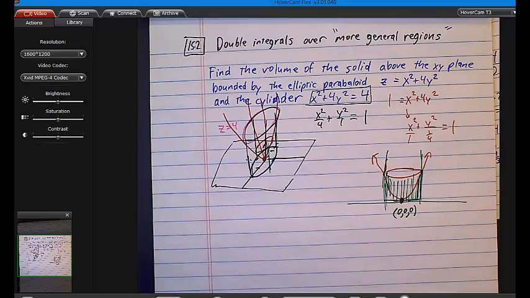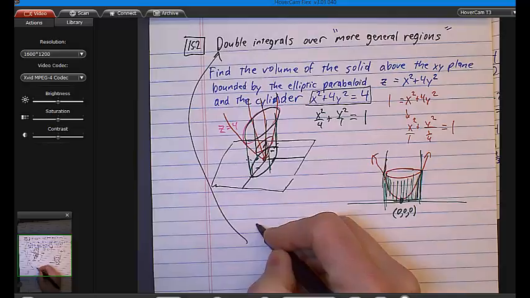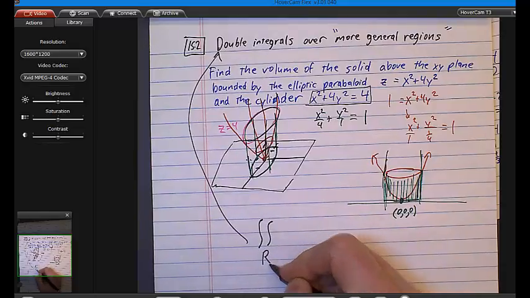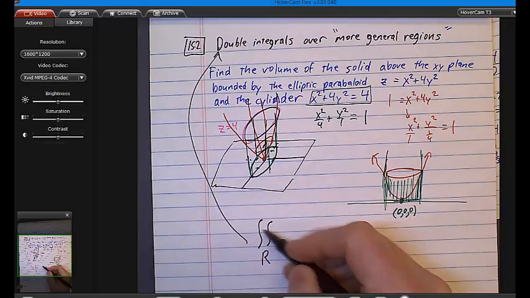I guess what's important here is you need to realize that when we talk about your double integral, my double integral is going to be represented this way. We're going to integrate over R. What are we going to integrate?